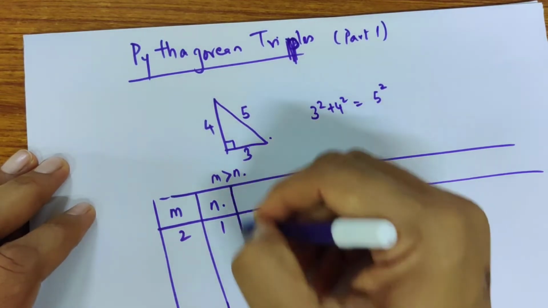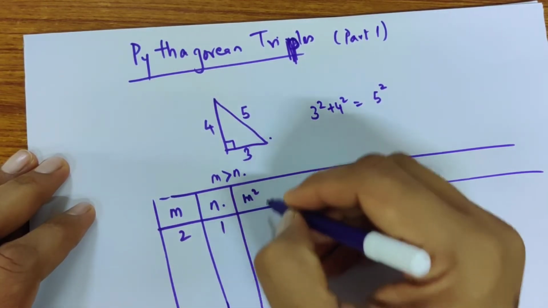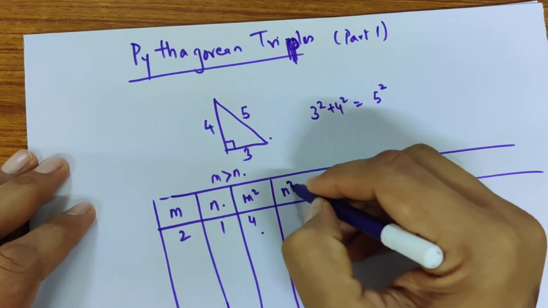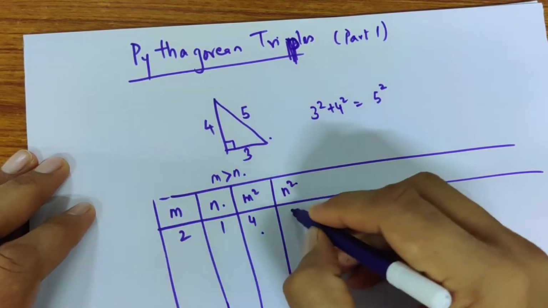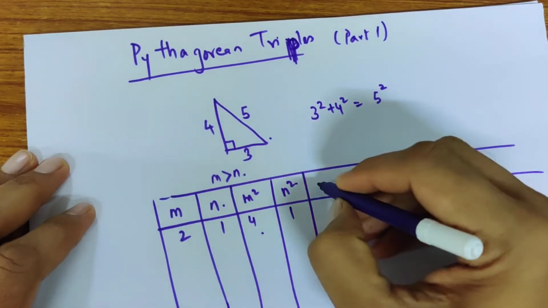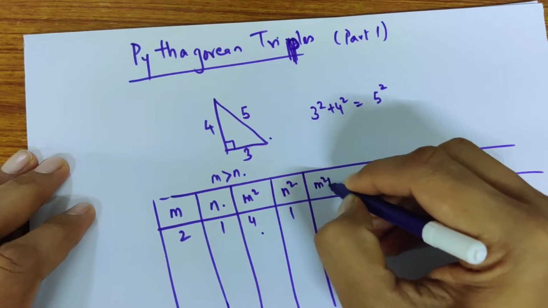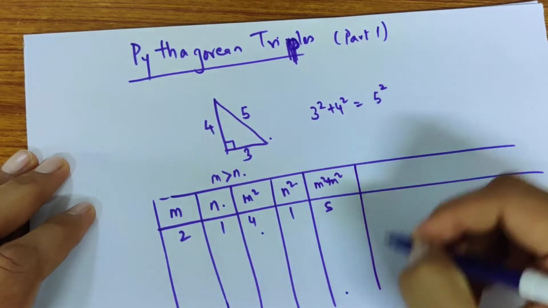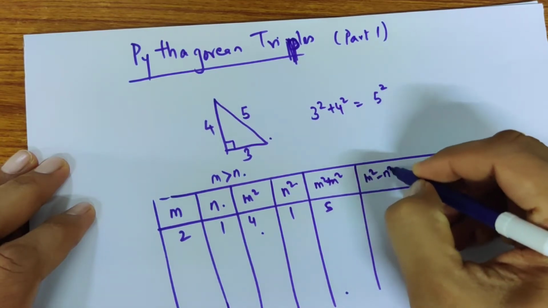Okay. So the first column is m square, which is 2 square, which is 4. The second column is n square, which is 1 square, which is 1. Third column is simply m square plus n square, which means the sum of these two columns. Fourth column is m square minus n square.